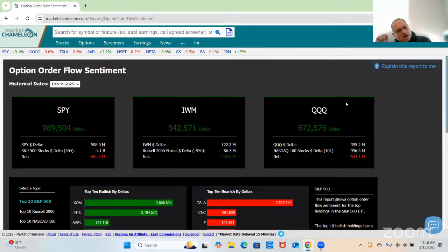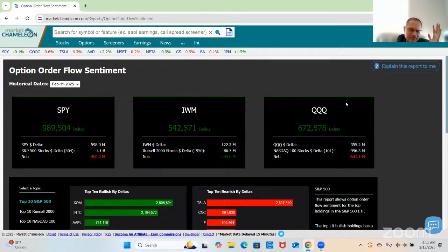But let's cover this top portion. In SPY, what this shows is a positive 989,000 deltas, almost a million deltas. If we put it in the perspective of stock, what this is saying is that, in aggregate, there are more bullish deltas than bearish deltas for a dollar move in the stock.